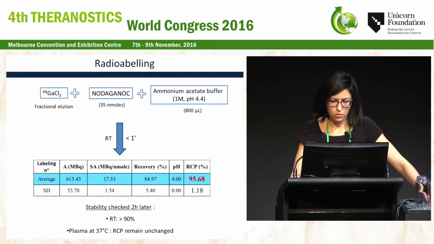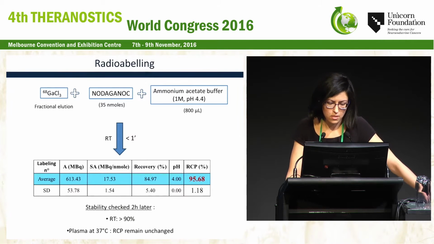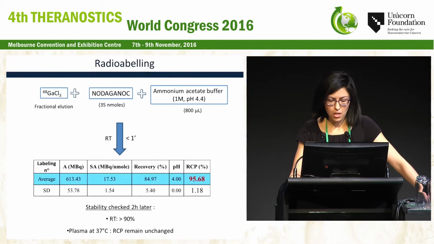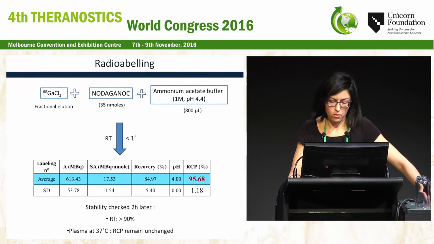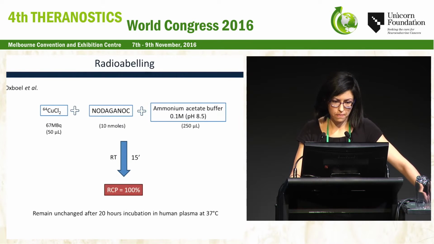The labeling occurs instantly, and gallium-68 NODAGANOC was obtained with radiochemical purity more than 95% in all cases. Stability checked 2 hours later at room temperature and after incubation in human plasma at 37 degrees Celsius shows that RCP remains greater than 90% in all cases.